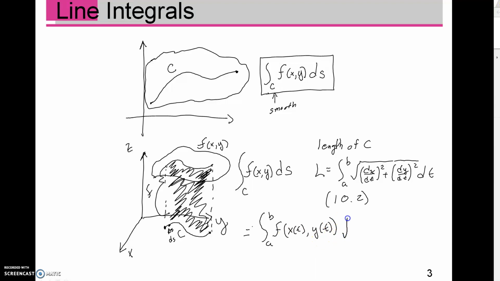And you're multiplying by the minuscule length of C. And this is how you calculate the line integral.